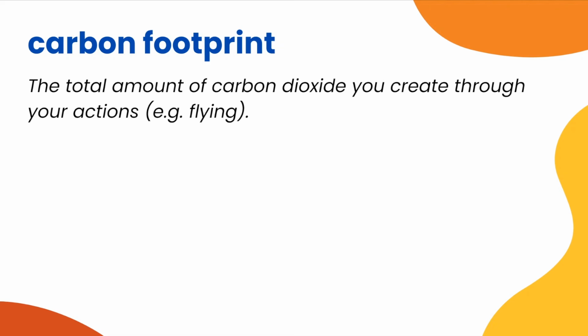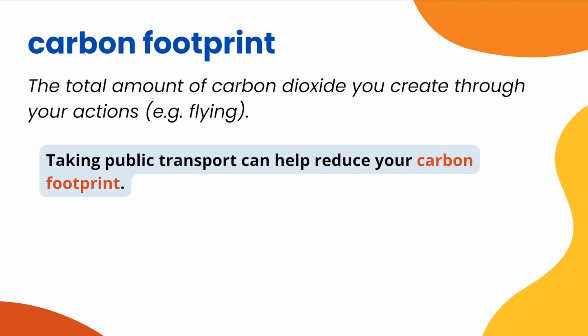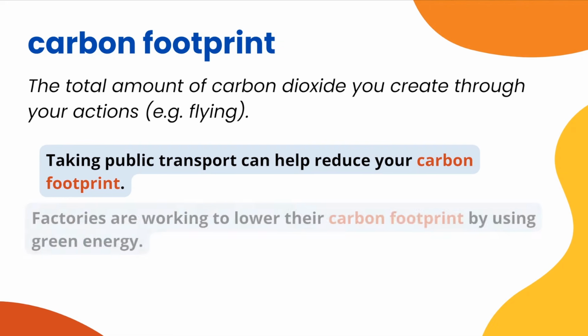The next phrase, really, carbon footprint. This is the total amount of carbon dioxide you create through your actions, for example, flying or driving or turning on the electricity. Taking public transport can help reduce your carbon footprint.